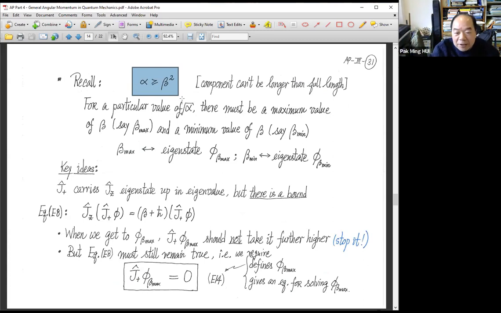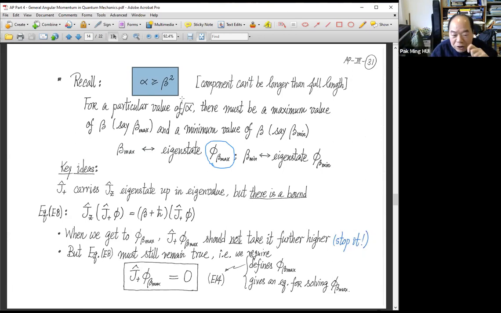Therefore, there must be a maximum state that I call phi maximum, corresponding to the highest possible Z component. After that, it cannot be raised anymore by J plus.